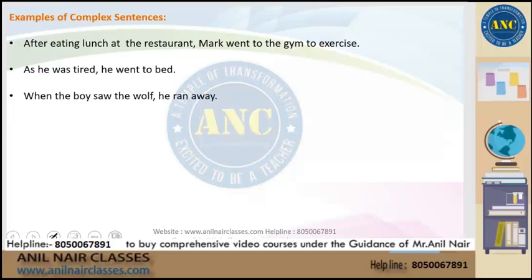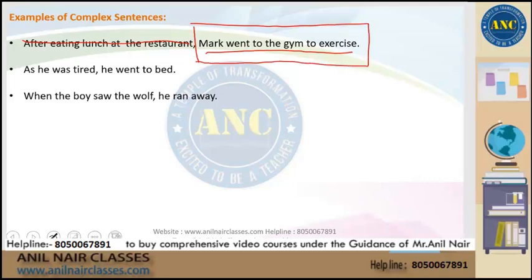A few examples of complex sentences. After eating lunch at the restaurant, Mark went to the gym to exercise. Forget the first part for a while and look at just this: Mark went to the gym to exercise. You don't need the first part to understand this sentence.